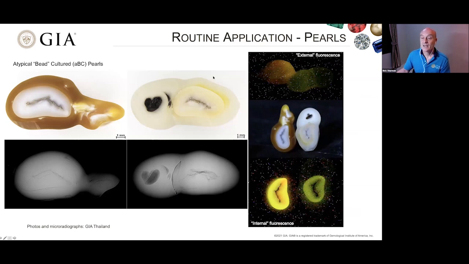This is a quick example I'm just keeping here to show you of an atypical bead cultured pearl. So like the bead cultured pearl I showed you before, which fluoresces, this is actually a saltwater pearl that was grown around a non-bead cultured pearl, a freshwater non-bead cultured pearl that was used as a nucleus.